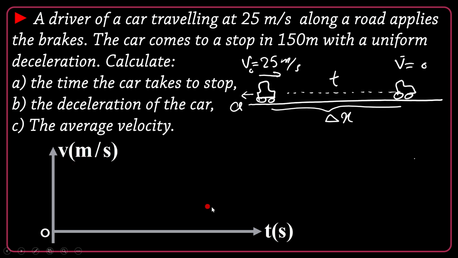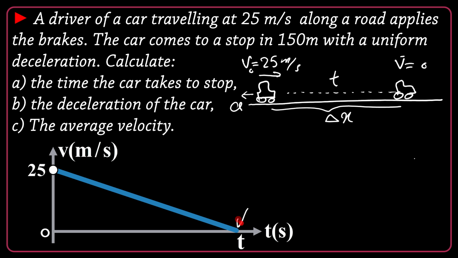So I draw the VT graph. The VT graph starts from initial velocity of 25, maybe here, and then it will be a descending line, because the velocity must come to stop. So it starts from 25, goes to 0. As you see here, the velocity here will be 0. Okay, for part A, the time is my goal. So I have a triangle here.